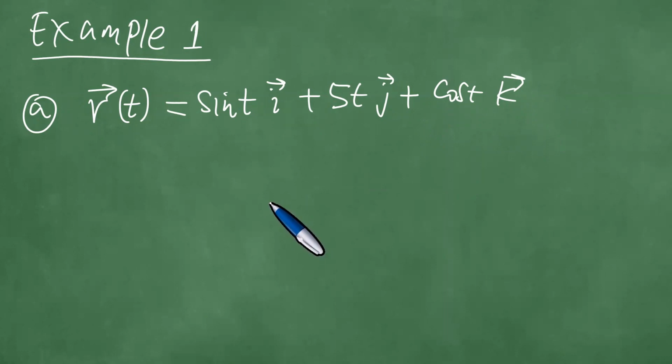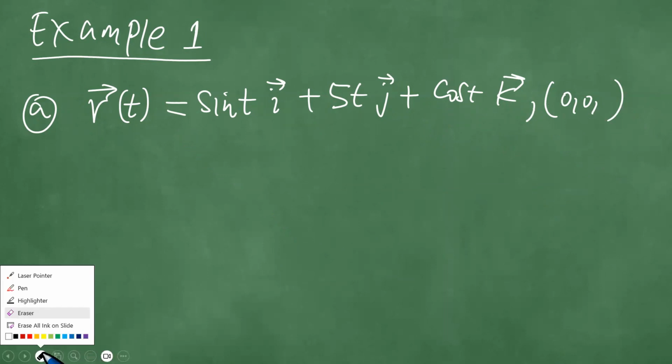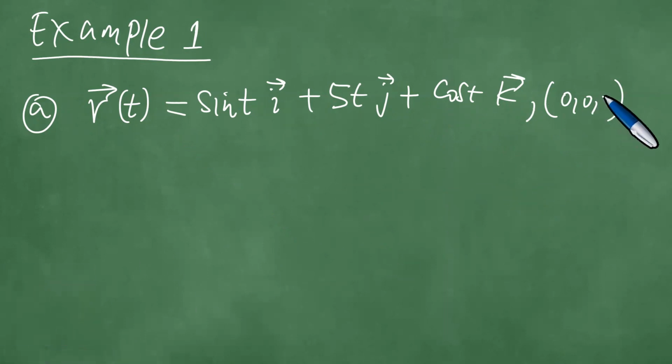At the point (0, 0, 1), we need to understand that this point is in the Cartesian coordinate system, where we have x of t, y of t, and z of t.